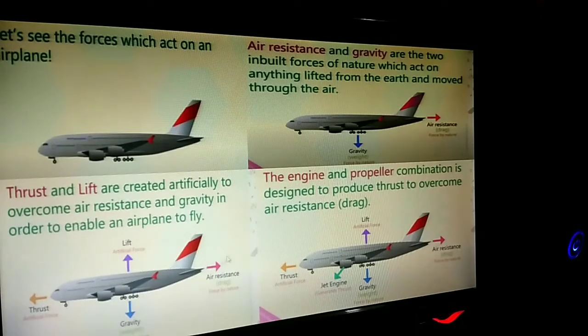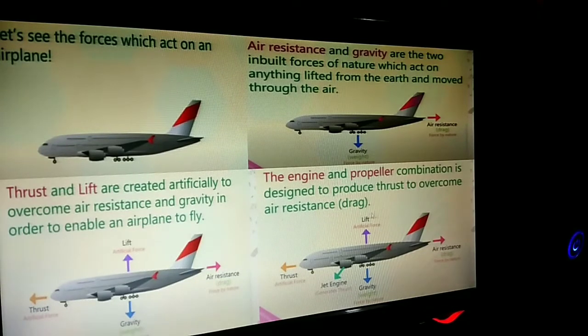Then what we did, we made the object a streamlined body, so the thrust and lift are created artificially to overcome these normal, that is natural, forces, air resistance and gravity, on the aeroplane. This lift and thrust created on an aeroplane to overcome air resistance and gravity enable the aeroplane to fly.